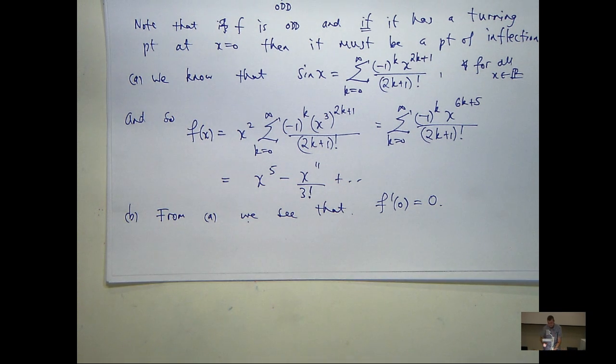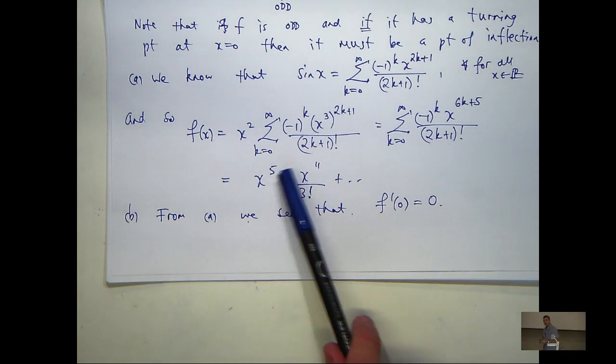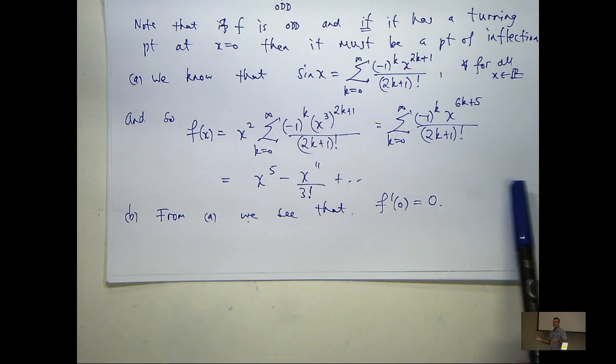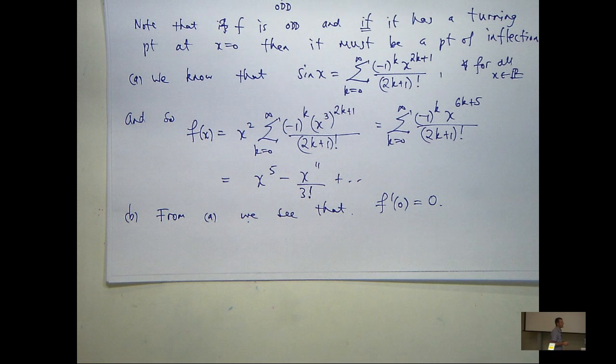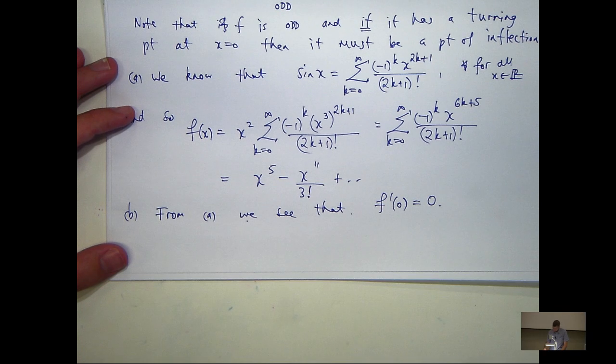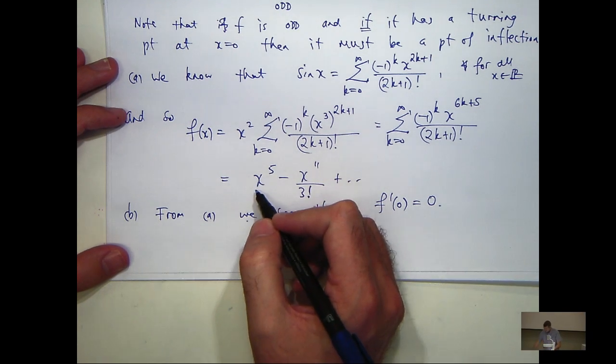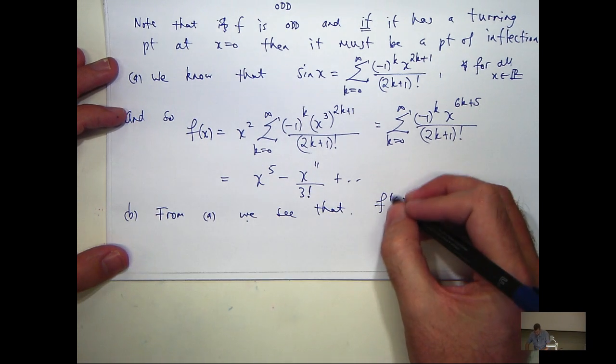Right, so if I just differentiate this, I'm going to get x to the power 4 and all higher order terms. And then if I sub in x equals 0, I just get 0. Because we're differentiating. Yeah. So differentiating. Yep.